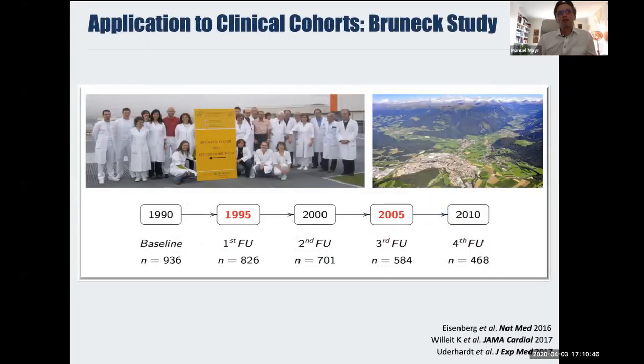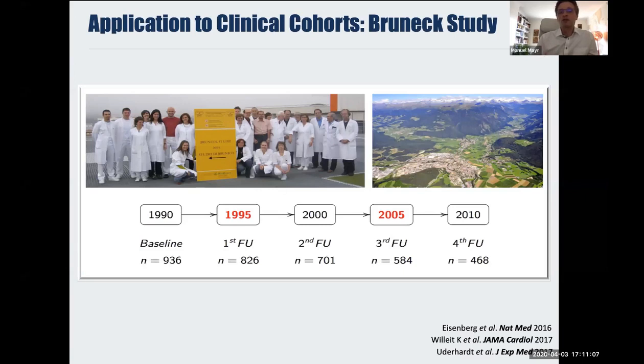Now, we then apply this type of technology to clinical cohorts, and in particular to the Bruneck study. So I graduated from the University of Innsbruck, and the University of Innsbruck was organizing this study in the 1990s. This is a longitudinal study with now 30 years of follow-up. We have serial sampling every 5 years.